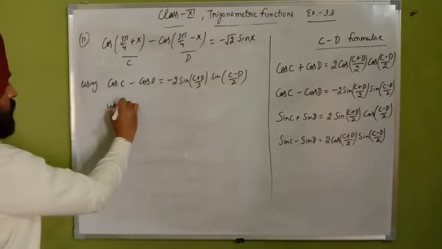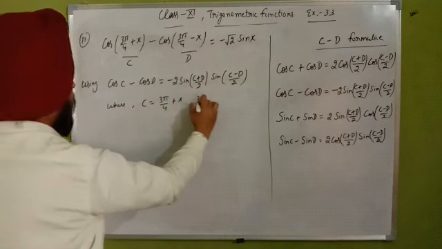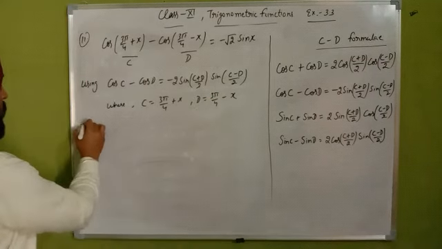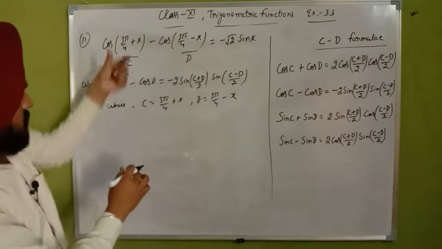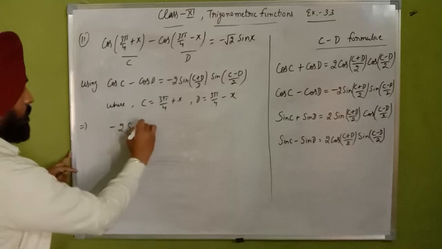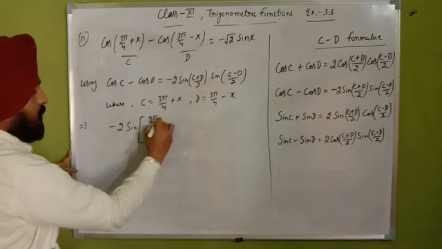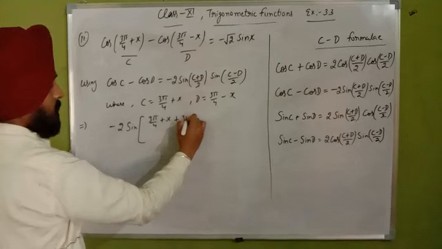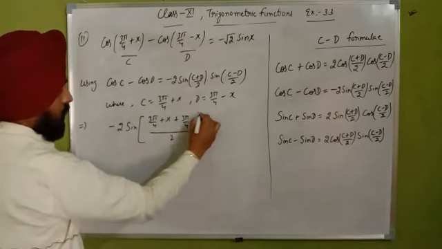You can write here where the value of C is 3 pi by 4 plus x, and the value of D is 3 pi by 4 minus x. So it implies, directly I am putting the right hand side there, using the right hand side of this identity. So minus 2 sine, put value of C, 3 pi by 4 plus x, plus D, that means plus 3 pi by 4 minus x, whole upon 2 there.